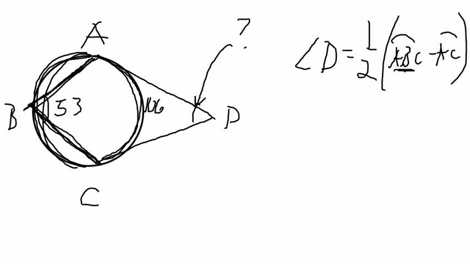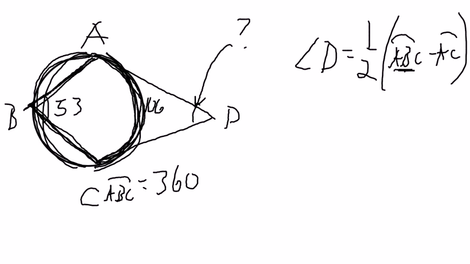Well, we know that 106 is from here to here, and a circle is how many degrees? 360, right? So if we know this part of the circle, then we can get the other side of it by subtracting from 360. So arc ABC equals 360 minus 106, which gives us 254. So this arc here is going to be 254 degrees.